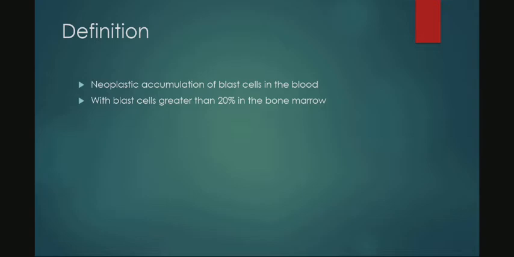When I say neoplastic accumulation of blast cells, we know that this is a cancerous process in the sense that this immature differentiation of the blast cells is happening in an uncoordinated and irreversible manner. It is, of course, neoplastic.